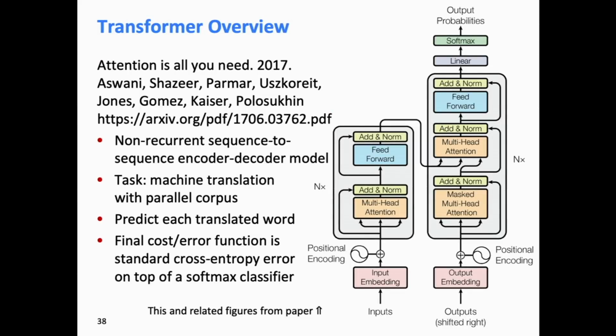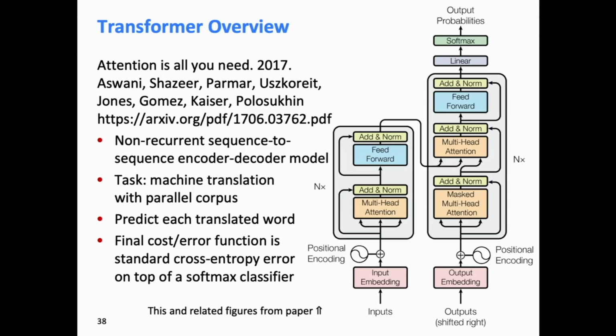And so that leads to the idea of these transformer architectures, and the original paper on this is called Attention Is All You Need, which reflects the idea that we're going to keep the attention part and get rid of the recurrent part, and we'll be able to build a great model.